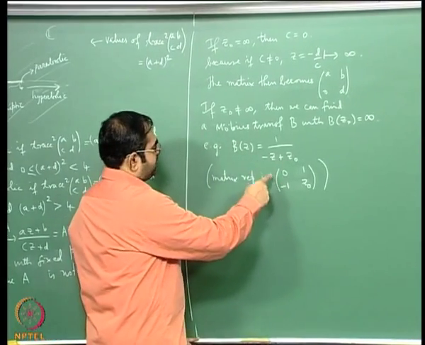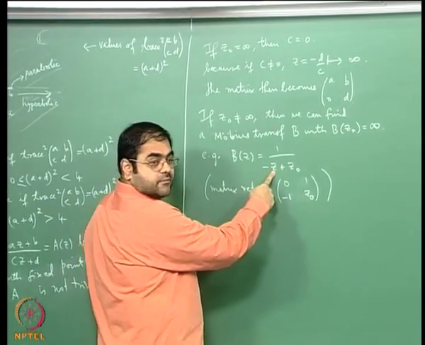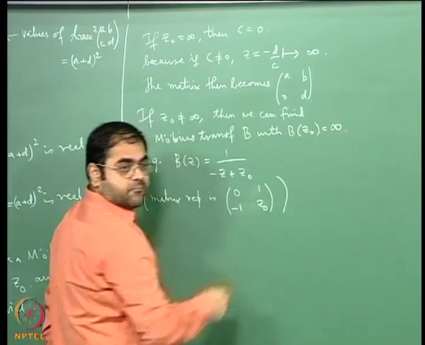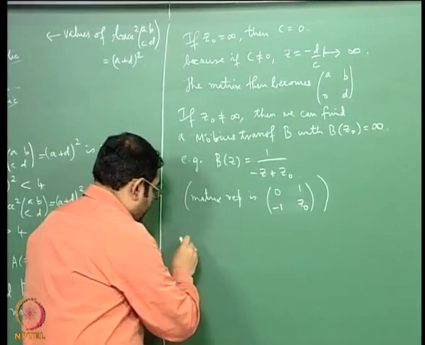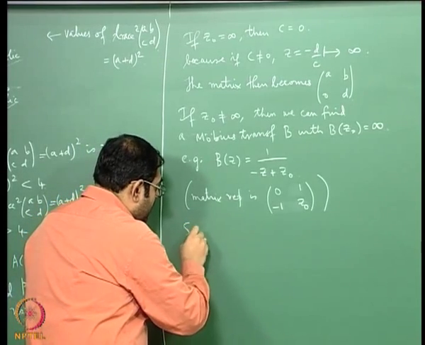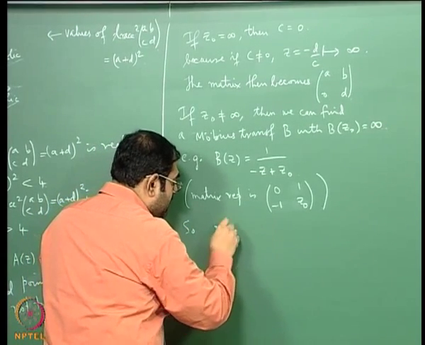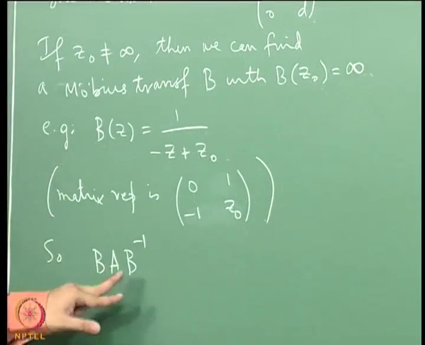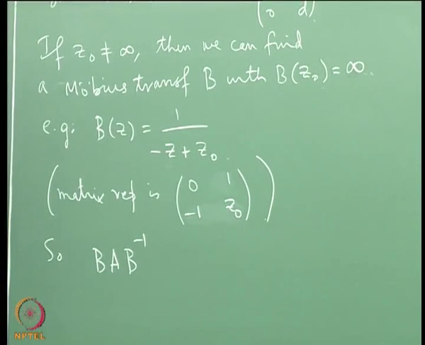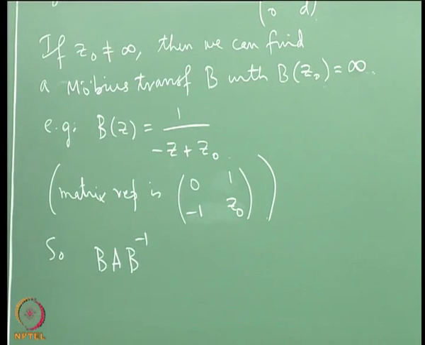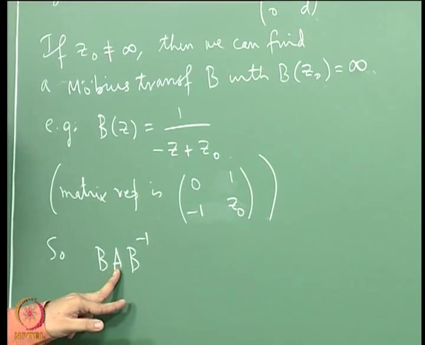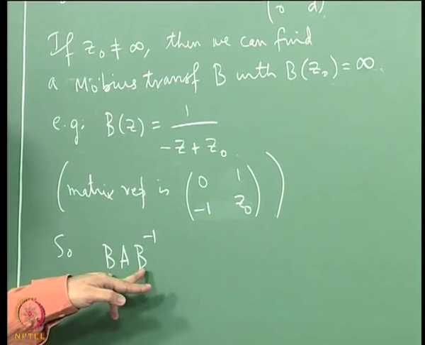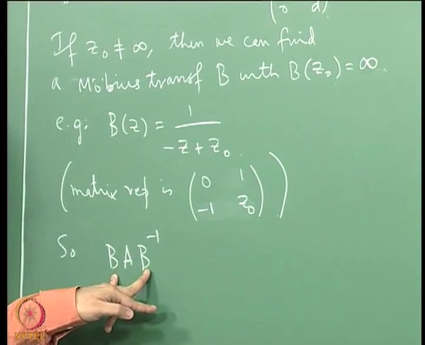Alright, so if I put z equal to z0, B of z0 is going to be infinity. Now watch, if I take B A B inverse, namely I conjugate A by the Moebius transformation B, then this Moebius transformation will have infinity as a fixed point.